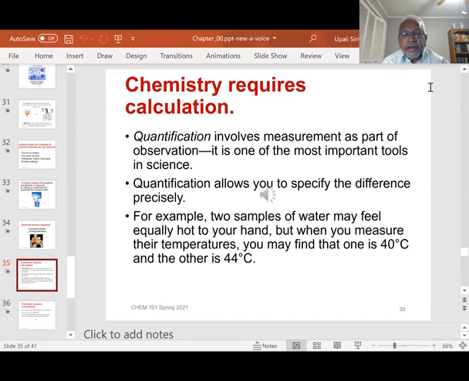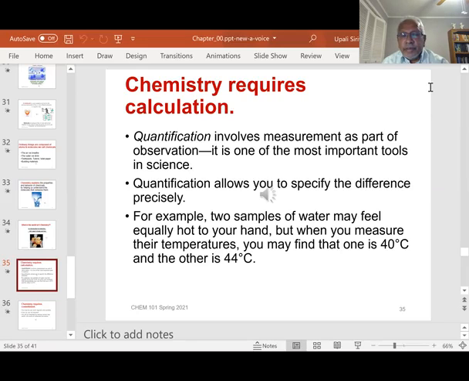Chemistry requires calculation. When we describe properties of matter and their chemical reactions, we need to do calculations, to quantify observation in terms of mass, volume, etc. Important tools in science.